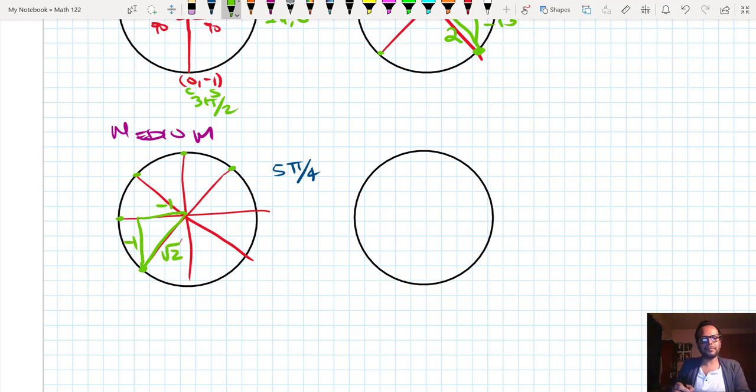That is the fifth slice. What if they want us to evaluate the trigonometric function for 7 pi over 4? For 7 pi over 4, we go 1, 2, 3, 4, the fifth, the sixth, and the seventh slice, all right? And this is 1, -1, root of 2. Same.